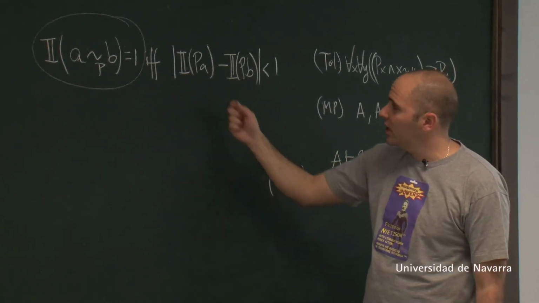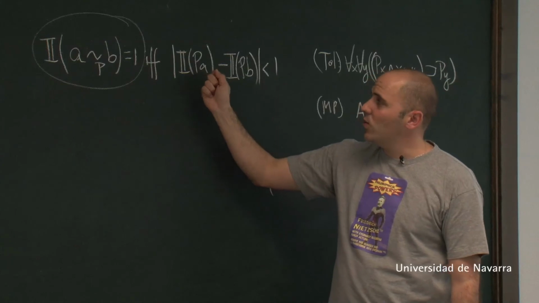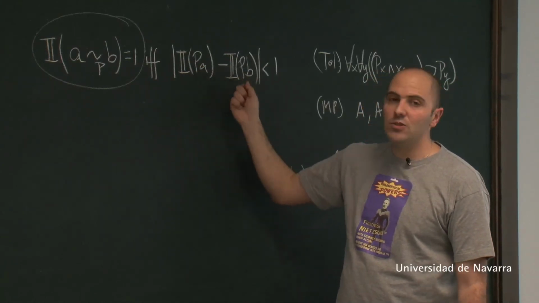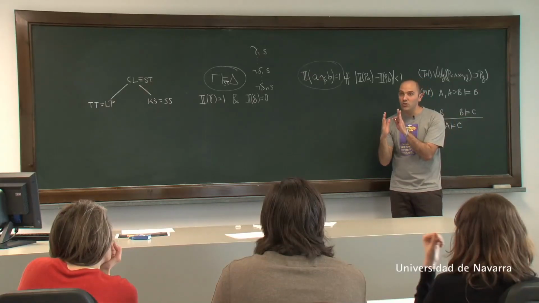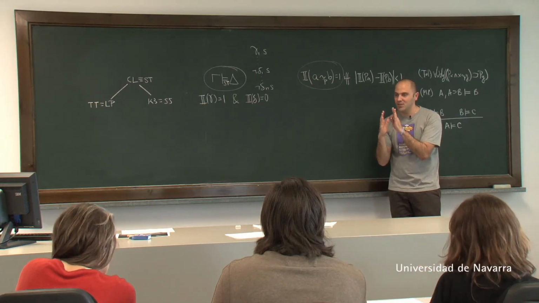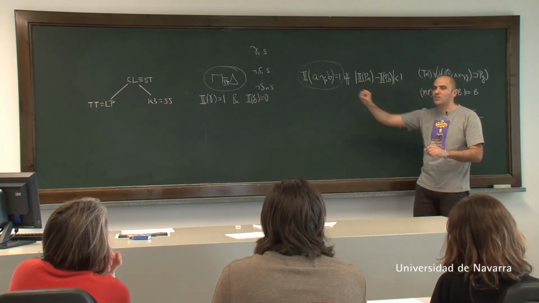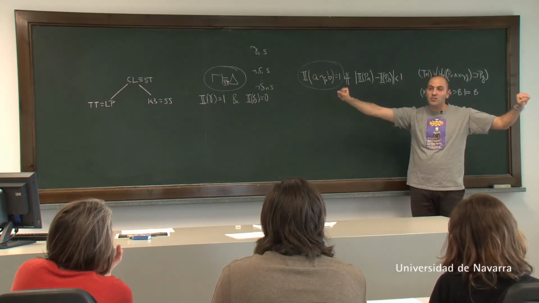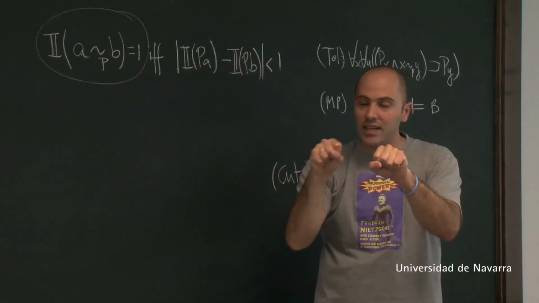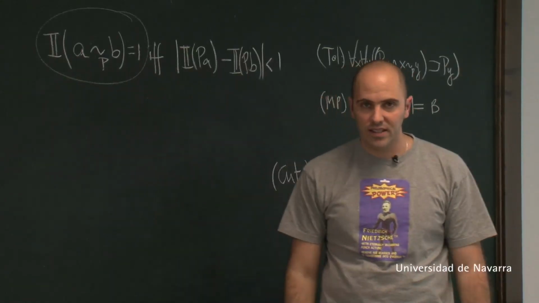In other words, just in case A is P and B is P are close in truth value. So it is not the case that A is P takes value 1 and B is P takes value 0. In that case, we can say that these two objects are similar.